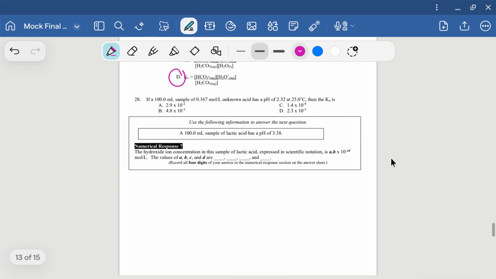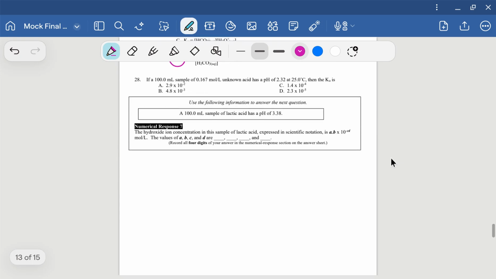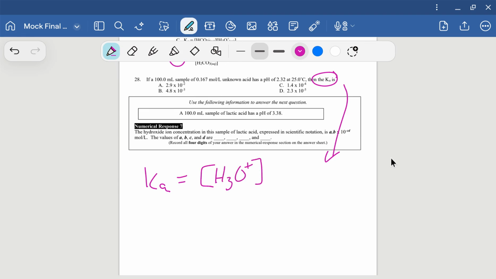Okay, so here we have the pH of an unknown. We have a sample of an unknown acid that has a pH, then it's asking for the Ka. If it's a Ka question, then it's assuming it's a weak acid, so we can use the hydronium concentration squared divided by the concentration of the weak acid minus hydronium.